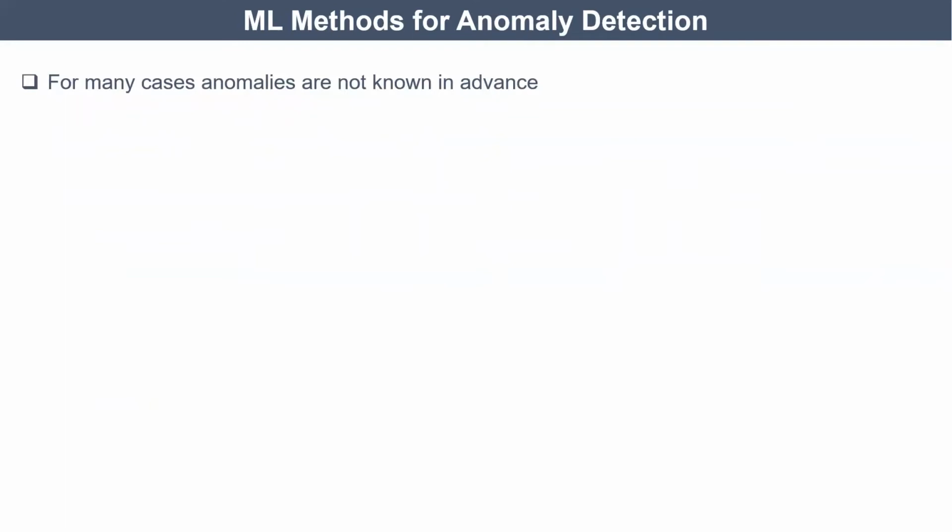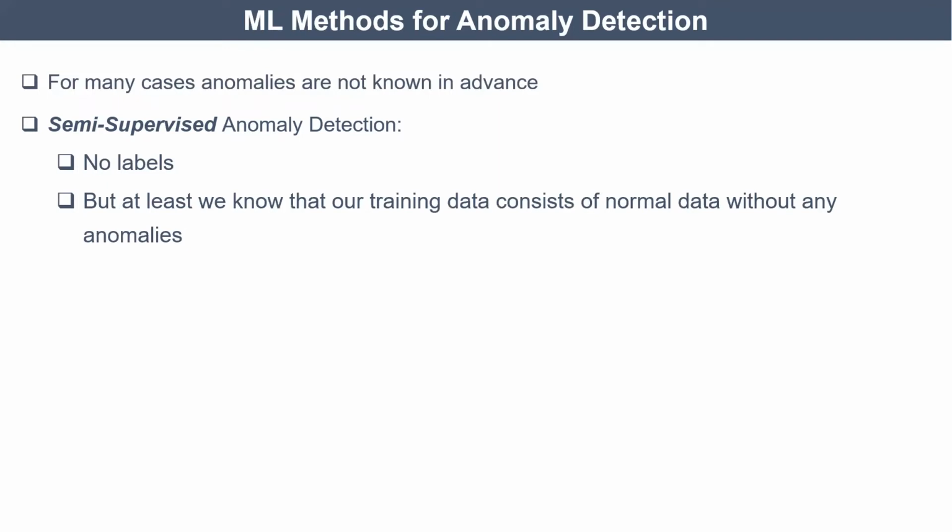For many cases, anomalies are not really known in advance. So we also have semi-supervised anomaly detection. Again, there are no labels, but at least we know that our training data consists of normal data. Our field experts come to us and say, okay, just train your models on those signals. We know that physically those runs were okay.